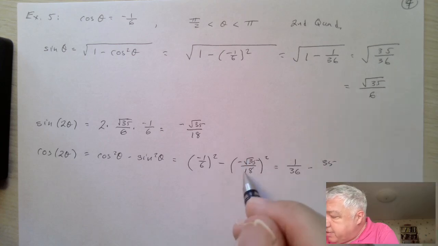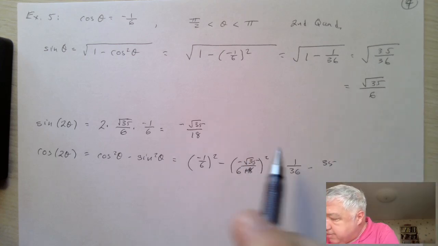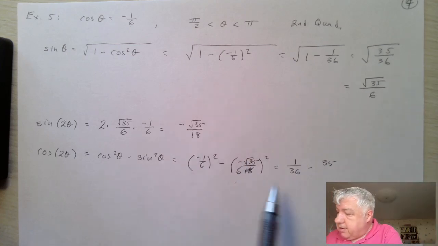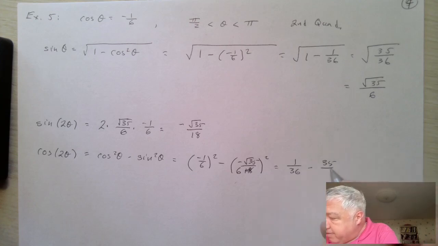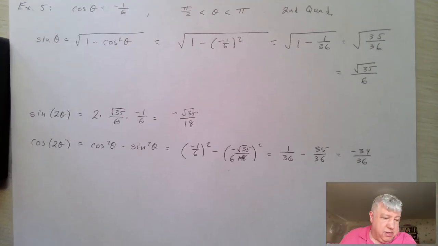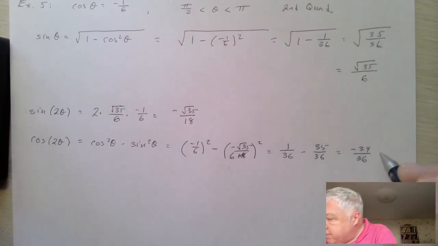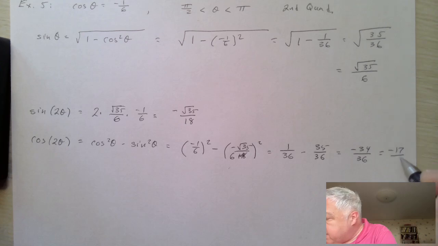Actually, this should be a 6, not an 18. I was thinking about this. Okay, so this will be 1 over 36 minus 35 over 36, which is negative 34 over 36. And if we want to reduce, this will be negative 17 over 18.